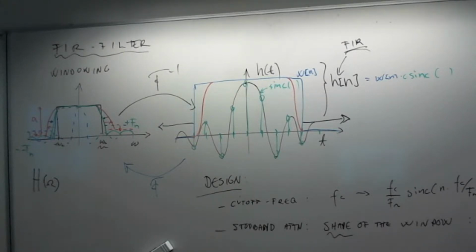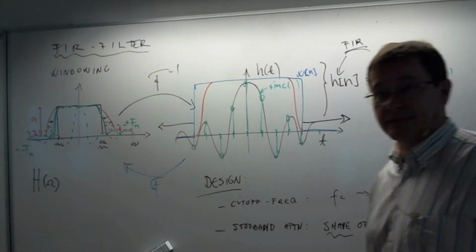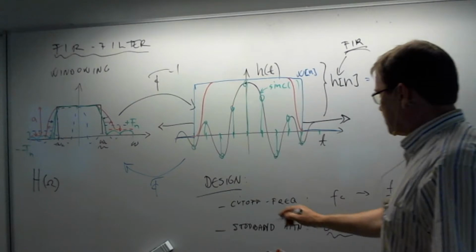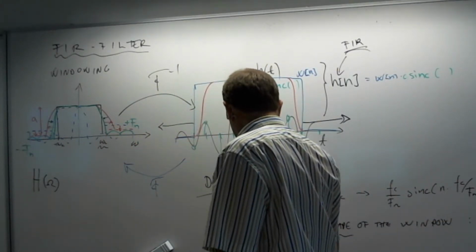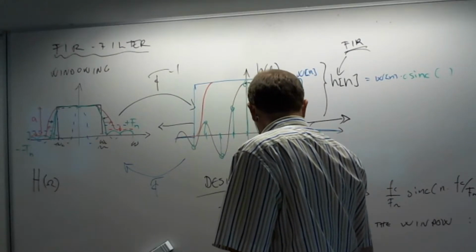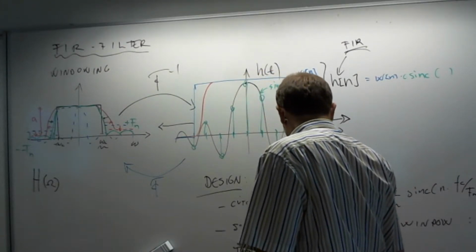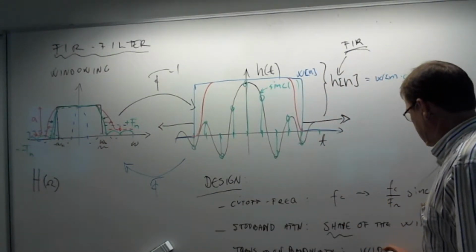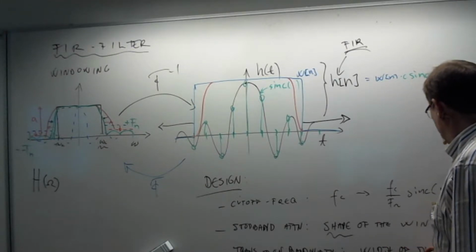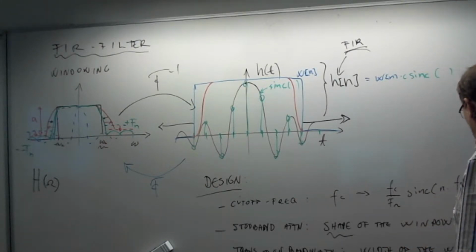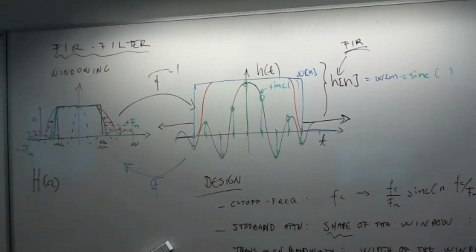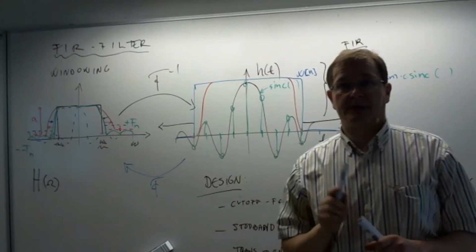On high frequencies compared to lower frequencies. Okay. Then the transition bandwidth actually comes from the width of the window, meaning how many points you would take in on either side of the sinc.